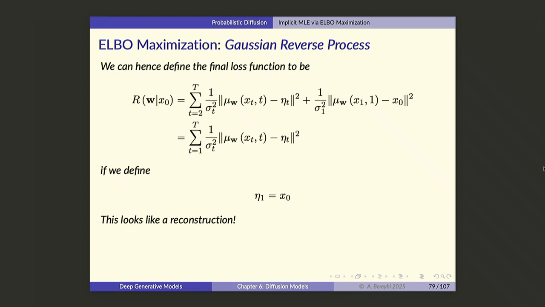So I can also compute mu of w at time t, mu of w at time t minus 1, mu of w at time small t, and so on. Now the thing that I want to do is to make these two the same, and these two the same, and these two the same, and so on, right? Everybody's clear? So this is the loss that I'm going to have at the end of the day.